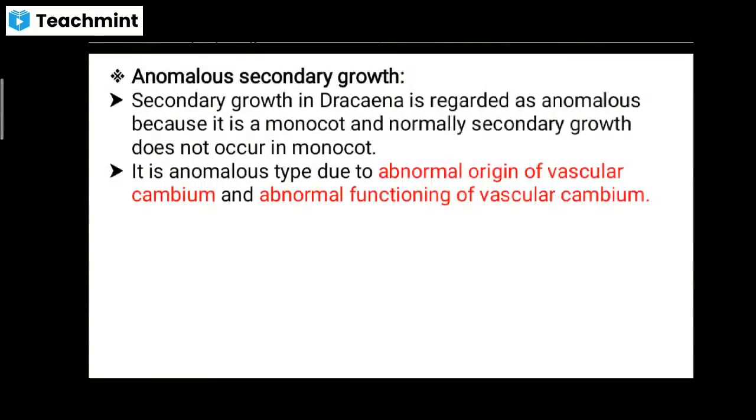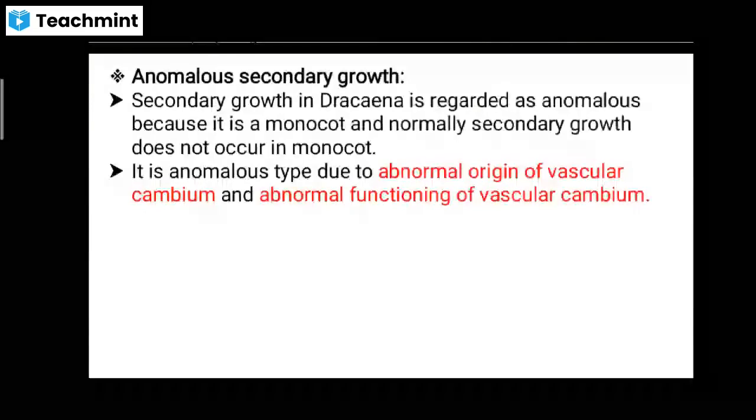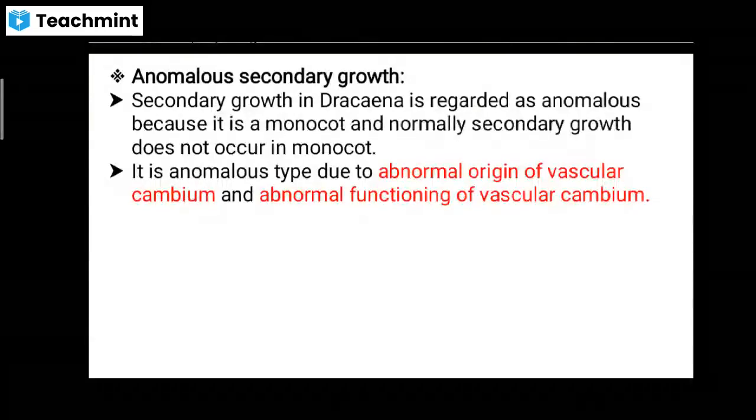As you know, in monocot the cambium is absent. Only xylem and phloem are there. But in case of Dracaena, the cambium is present, and due to this cambium the secondary growth takes place. In monocot, generally cambium is absent.